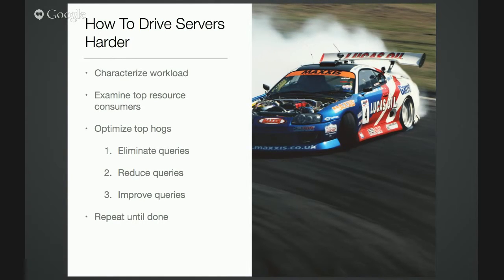And then you eliminate them if possible, because the best query is the one that you don't run at all. You reduce them if possible or combine them, such as reducing those n+1 query patterns to single queries. Or you improve the ones that you can't eliminate or reduce by indexing them better or rewriting parts of the application. And then you go back and do it again, and you repeat until you're done.